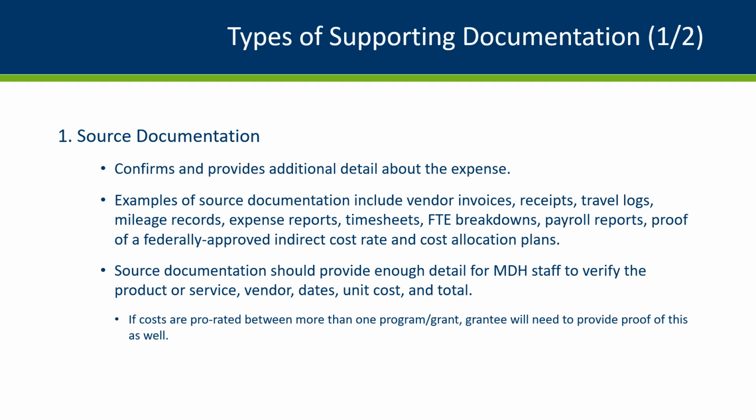Examples of source documentation include vendor invoices, receipts, travel logs, mileage records, expense reports, timesheets, FTE breakdowns, payroll reports, proof of a federally approved indirect cost rate if you have one, and cost allocation plans.